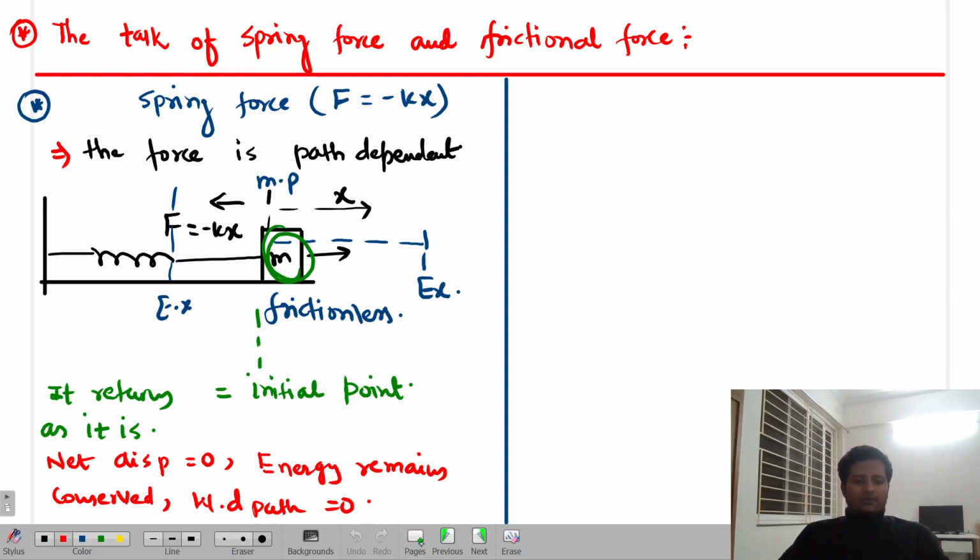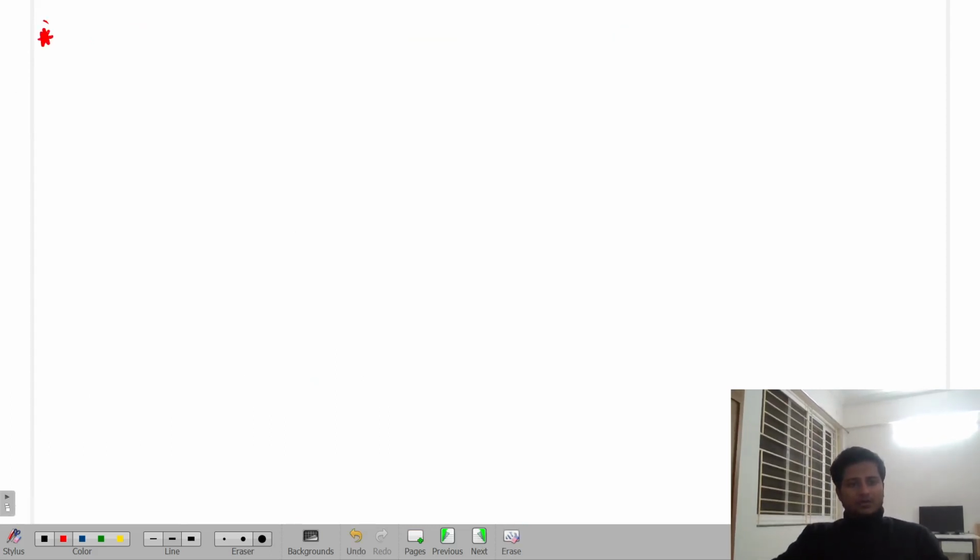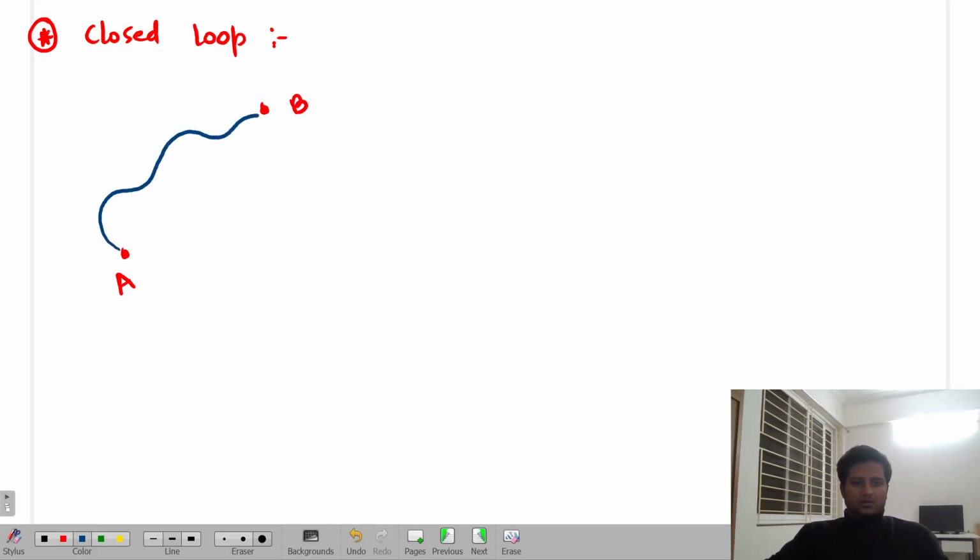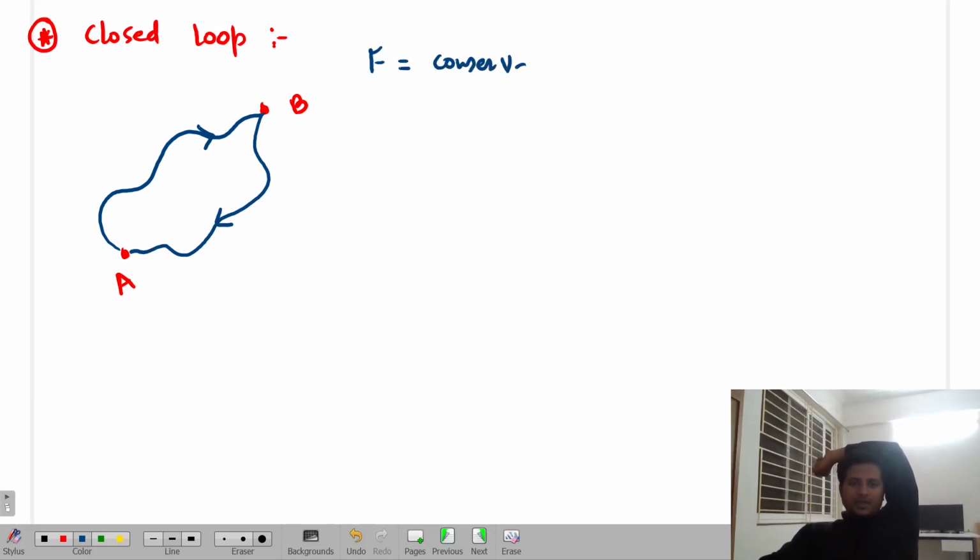Because when I talk about a closed loop, like if this is point A and this is point B, and I take the particle from point A through this path, and then bring the particle to the initial point through this path, and if the force acting over here is conservative, that means the work done along this first path and the work done along this second path is always the same.